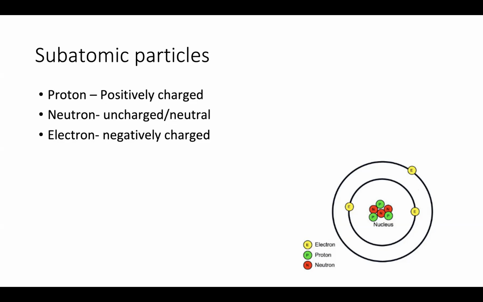You do need to be able to connect the charge with the actual particle. So protons are positively charged, write that down. Neutrons are neutral or uncharged. And then electrons are negatively charged. So if I was writing something to tell you about the subatomic particles of any given atom, I would indicate these protons with the P and a plus sign by it. Protons are positively charged and electrons are negatively charged.